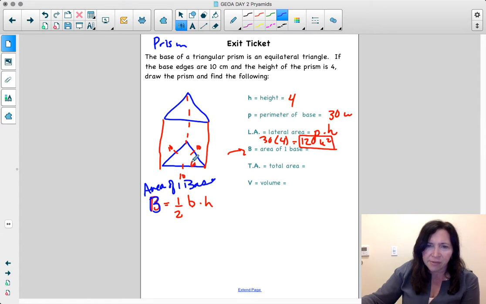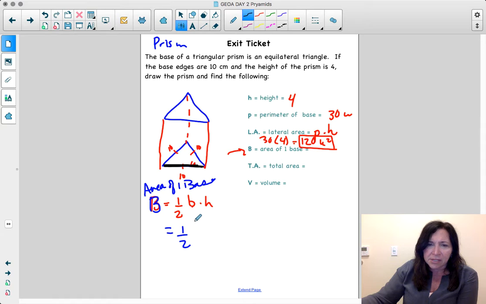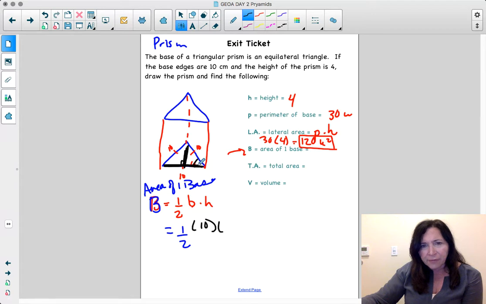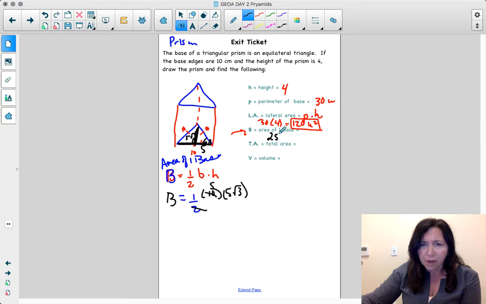This lowercase b is the base of the triangle, which is 10. So 1/2 b, which is 10, times my height, which is this value here. If that's 60 and that's 5, this is going to be 5√3. So my height is 5√3. So capital B, the area of one base: 2 goes into 10, 5 times 5 is 25√3. So that's the area of one base.